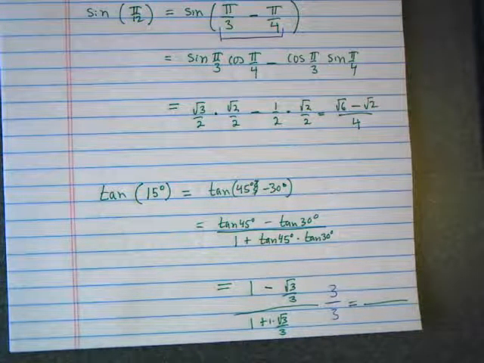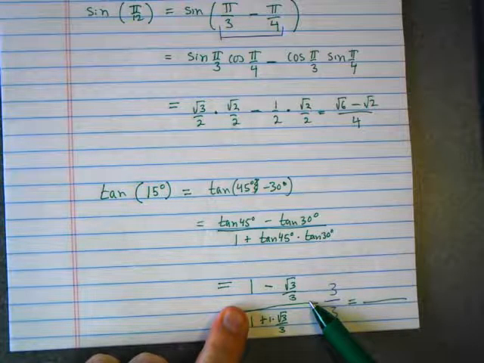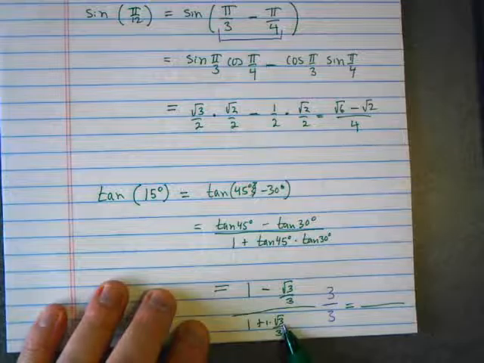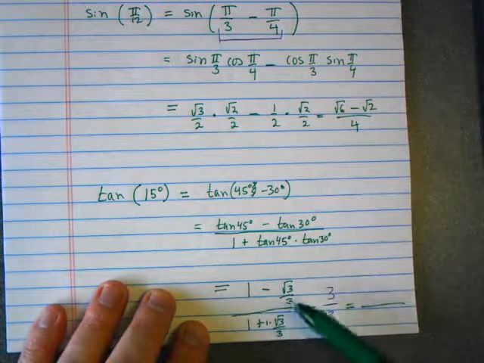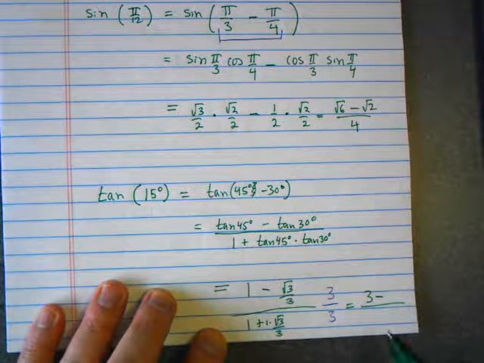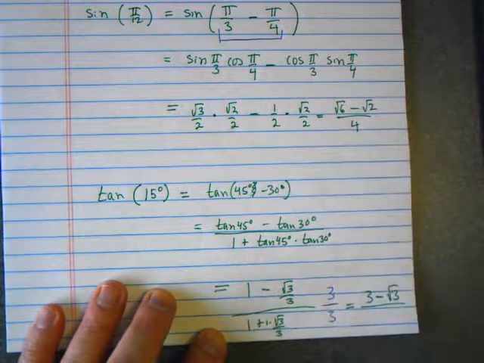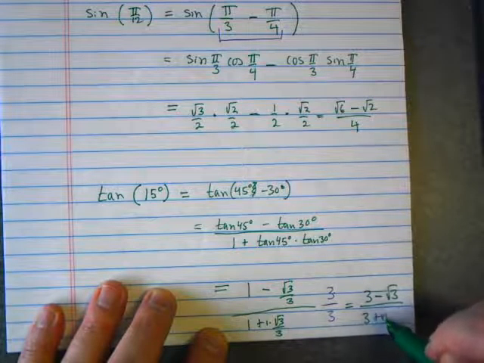Fractions are bad enough, and complex fractions are even worse. So we multiply by 3 over 3 because 3 is the common denominator. What's 3 times 1? 3 minus, what's 3 times square root of 3 over 3? Square root of 3, the 3s reduce out. And down on the bottom, the same thing happens: 3 plus square root of 3.